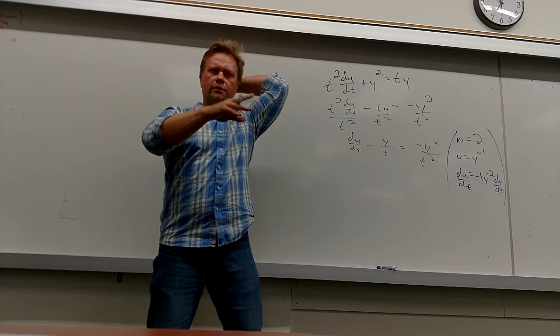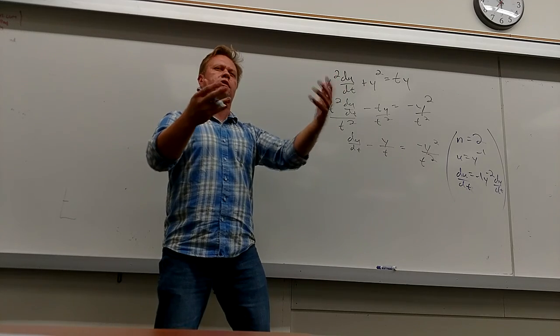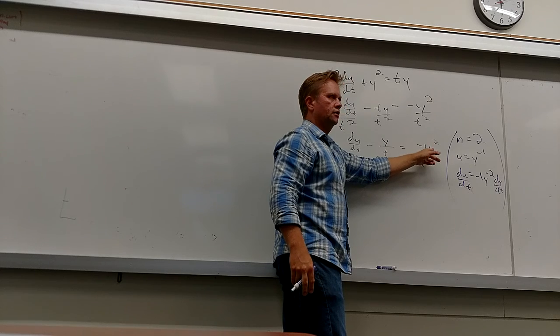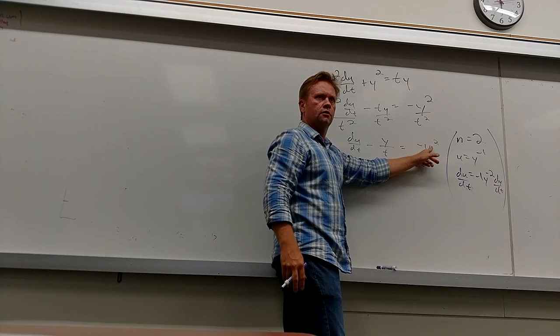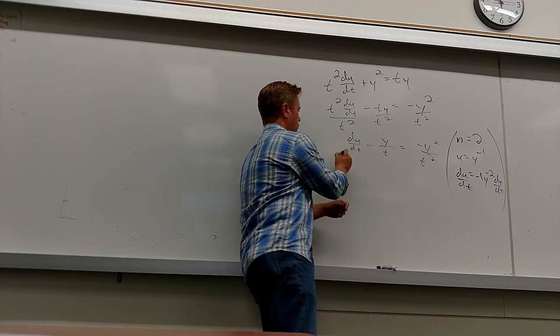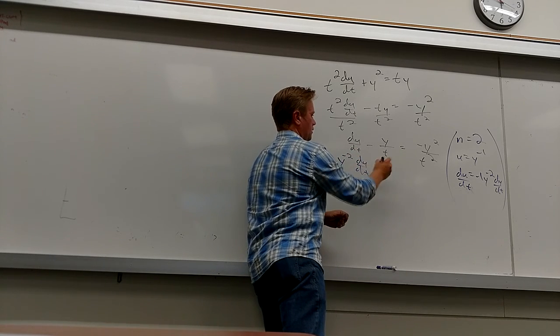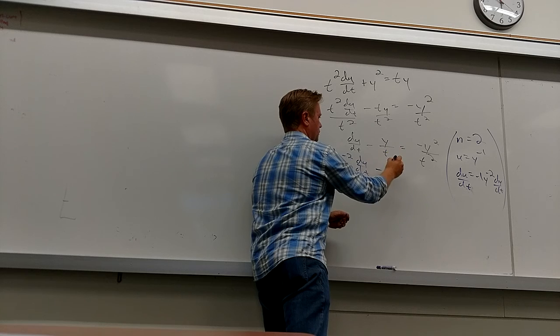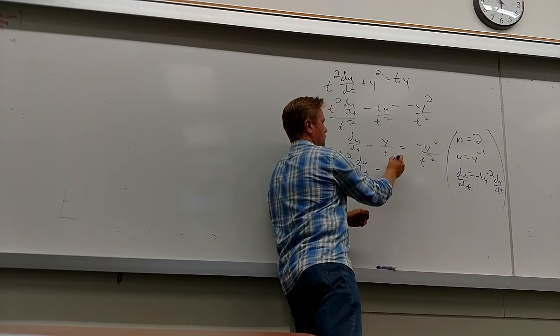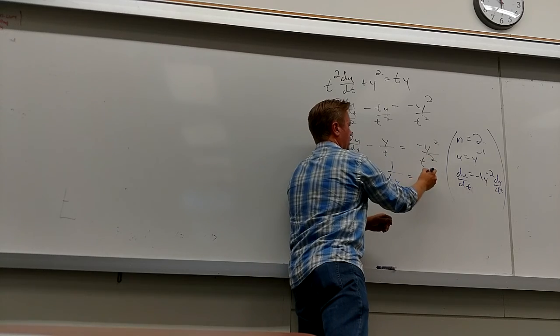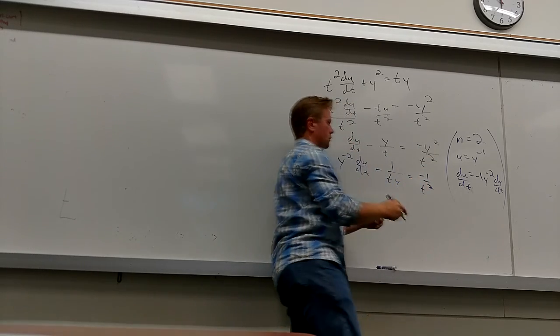Identify what n is, then divide by the y squared. So you get y to the negative 2 dy dt minus, what would this be, 1 over t times y, equals negative 1 over t squared.